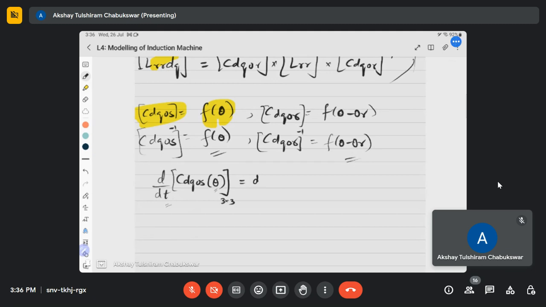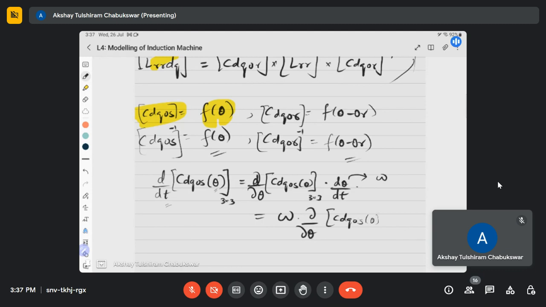So you can write d by dou theta of C_dq0s, which is a function of theta and a 3 cross 3 matrix, multiplied by d theta by dt, right? And what is d theta by dt? It is omega, so it can be written as omega into dou by dou theta of C_dq0s, which is a function of theta, 3 cross 3.